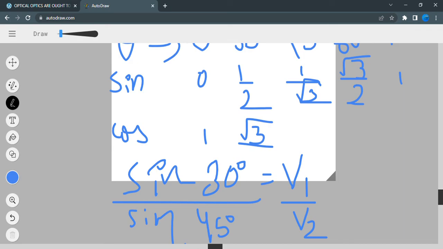This also tells us about the ratio of the refractive indices of both the mediums. After dividing, we get root 2 by 2 is equal to V1 by V2. So we have successfully got the ratio of the refractive indices of both the mediums.